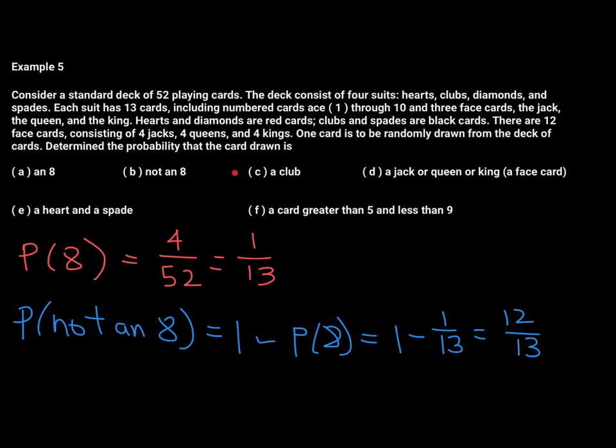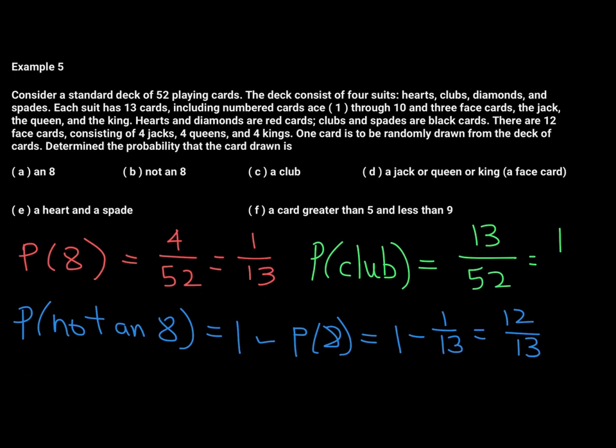What's the probability that we choose a club? How many clubs are there? Well, remember there's 4 suits, and each suit has 13 cards. So the clubs have 13 cards in them. So there's 13 clubs altogether. The probability of us choosing a club: there's 13 favorable outcomes because there's 13 clubs out of 52.